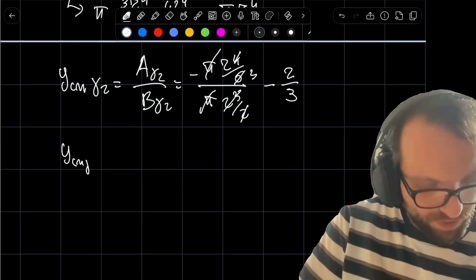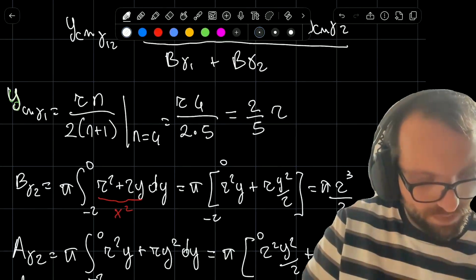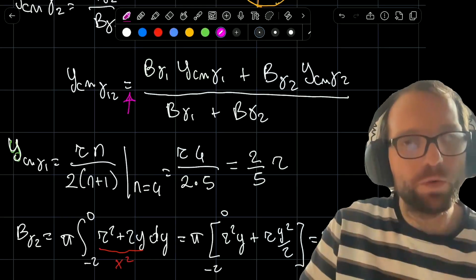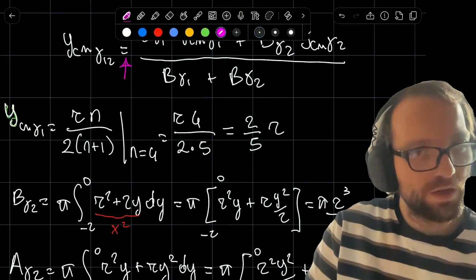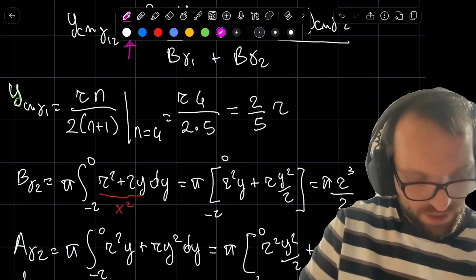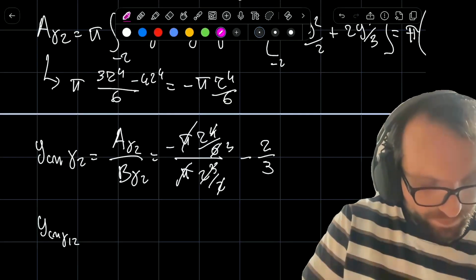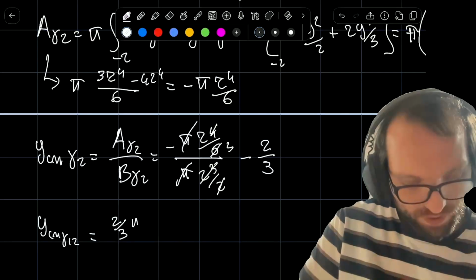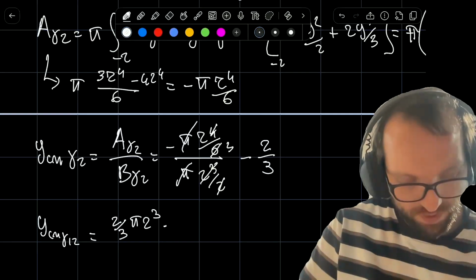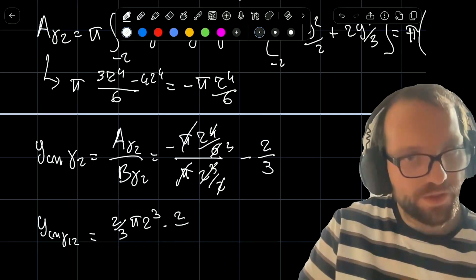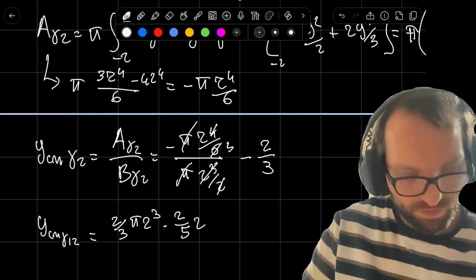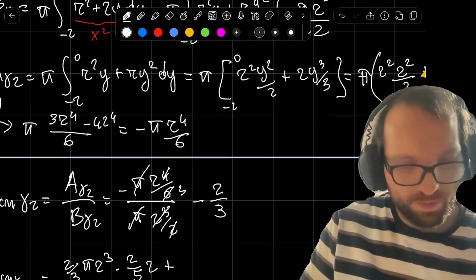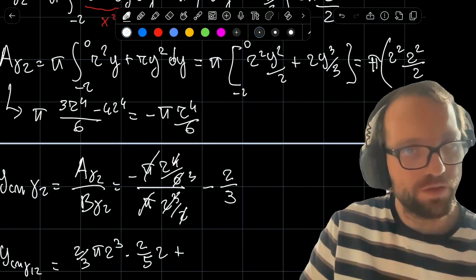So now we can apply this formula here, the weighted average, okay? And this is going to become, so here we have the mass of the first object, multiplied by the center of mass of the first object, plus the mass of the second object.